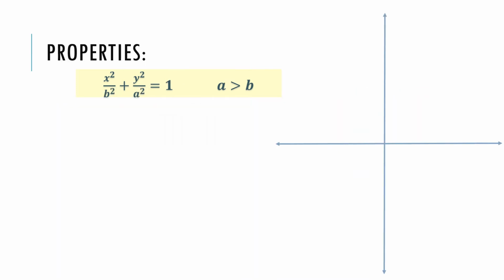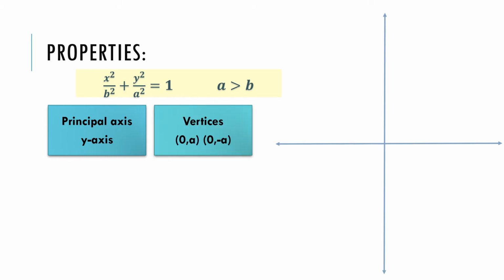Interchange natin. What if si A ay na kay Y naman? Kanina, ang principal axis natin ay si x-axis, kasi si A ay na kay x. Ngayong si A ay na kay y, ang principal axis natin ngayon ay na kay y-axis na. Mababaliktad na rin.